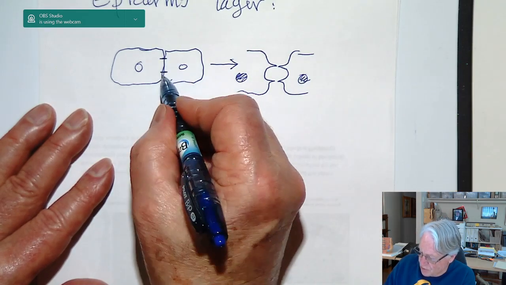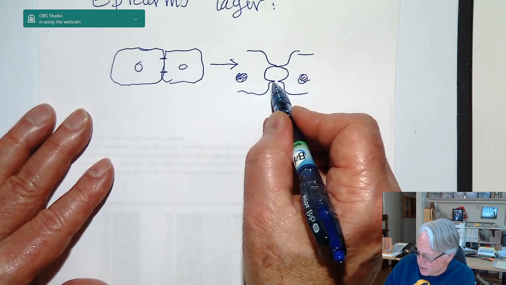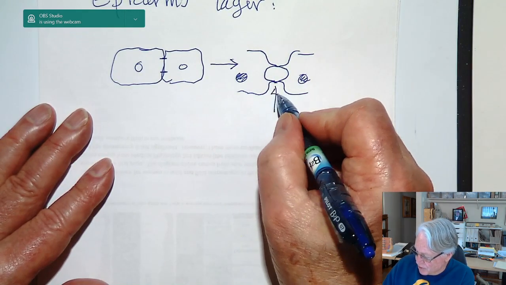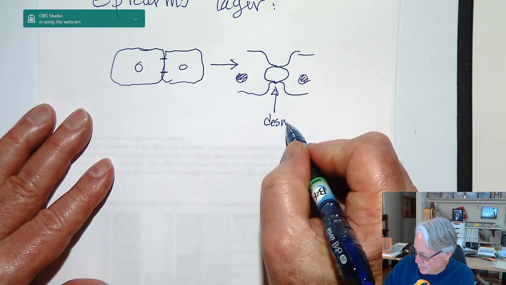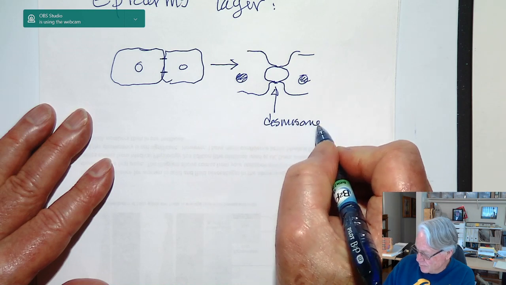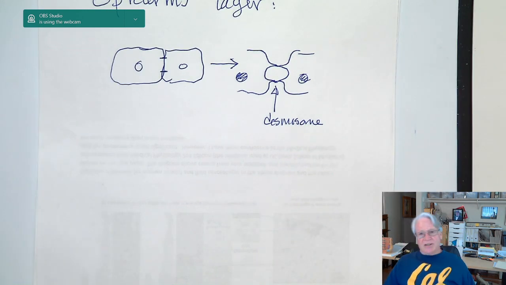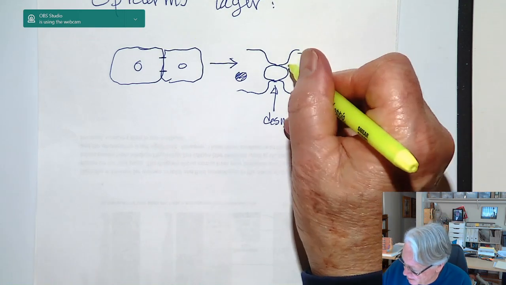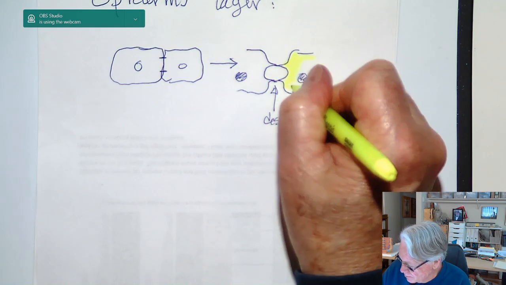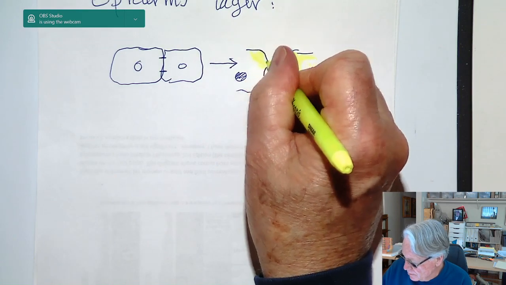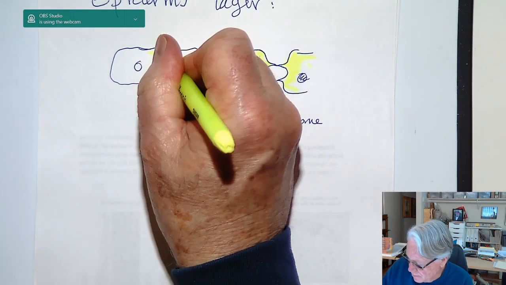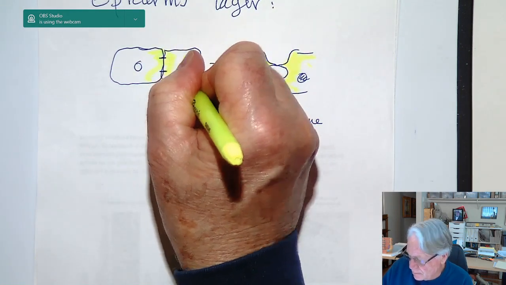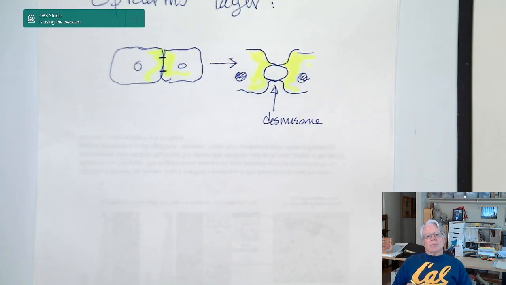These two things represented right here, that's my desmosome. The cell has shrunk away, but not entirely pulled away. And it leaves that little spiky appearance.